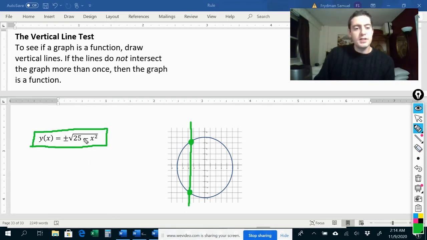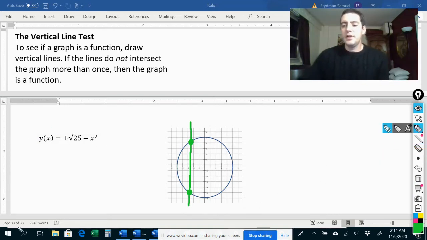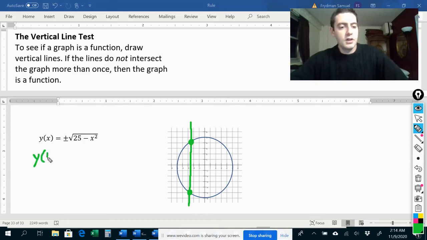And just to show you that this equation actually does describe this circle over here, I'm not going to do a lot of examples with this, but I'll just plug in one number. So what if we plugged in 4 for x? If we evaluate the function y at 4, then we get positive and negative square root of 25 minus 4 squared.